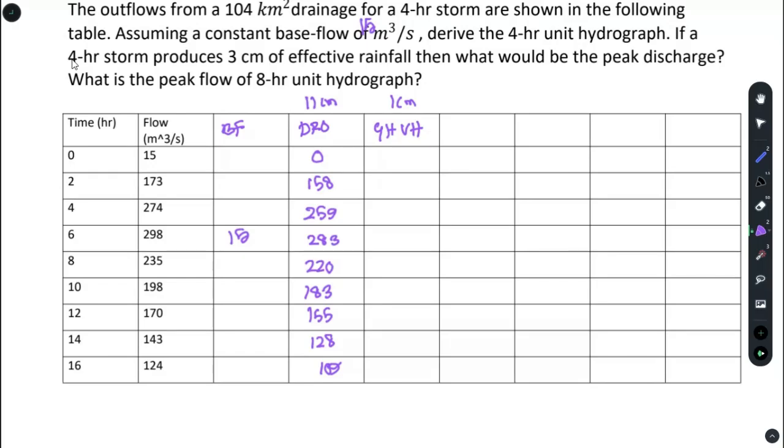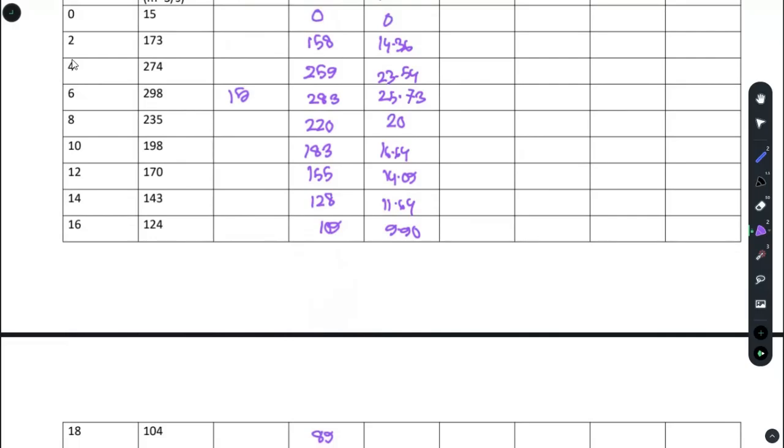So I'll get 0 here, then 14.36, 23.54, 25.73, 20, 16.64, 14.09, 11.64, 9.90.